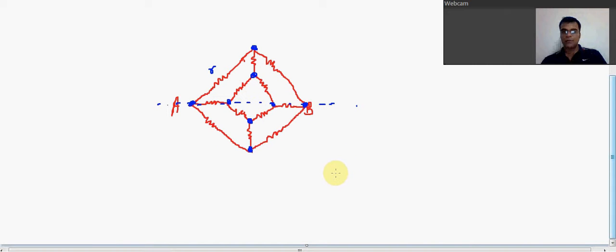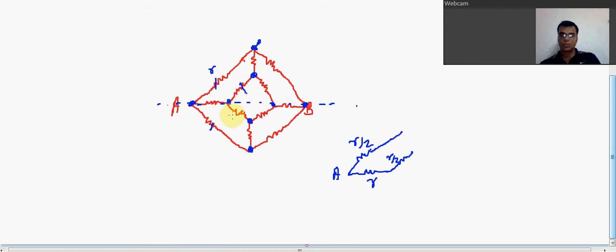So what we are left with now is, this is point A. Now this becomes R by 2, because once this and this coincide, this resistance and this resistance are in parallel. So this is R by 2, this remains R, this becomes R by 2 as well, as these two are in parallel.